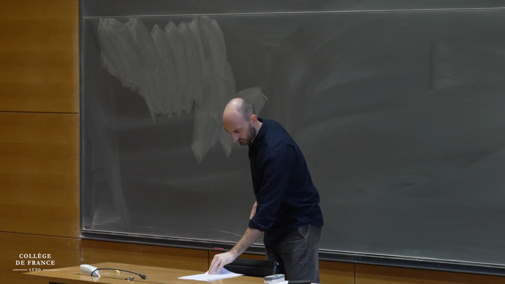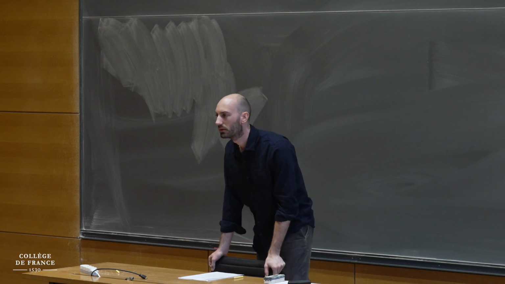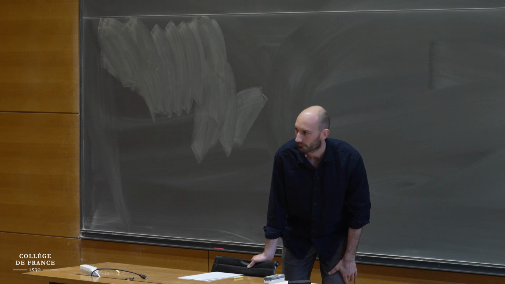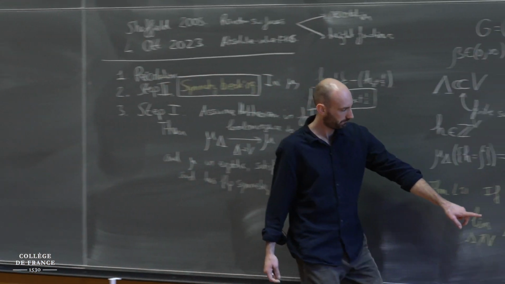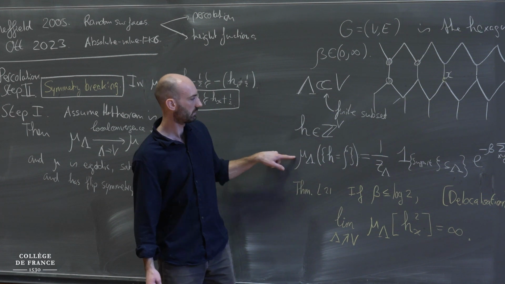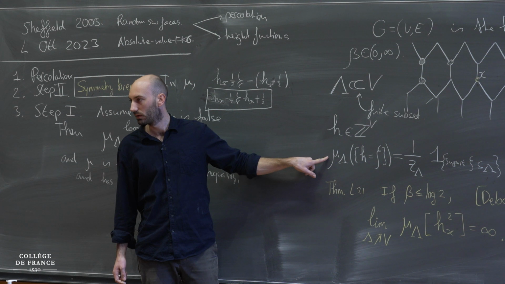Okay, just one simple question. Why is that a definition for mu lambda? Because the values that h can take, h takes value in the infinite set Z. No, like the definition of the measure. How do you shift it so that it's translated?